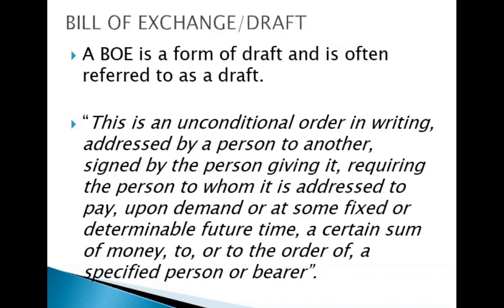If we want to define this, you can say it is an unconditional order in writing addressed by a person to another, signed by the person giving it, requiring the person to whom it is addressed to pay upon demand or at some fixed or determinable future time a certain sum of money to or to the order of a specified person or bearer. Very long.